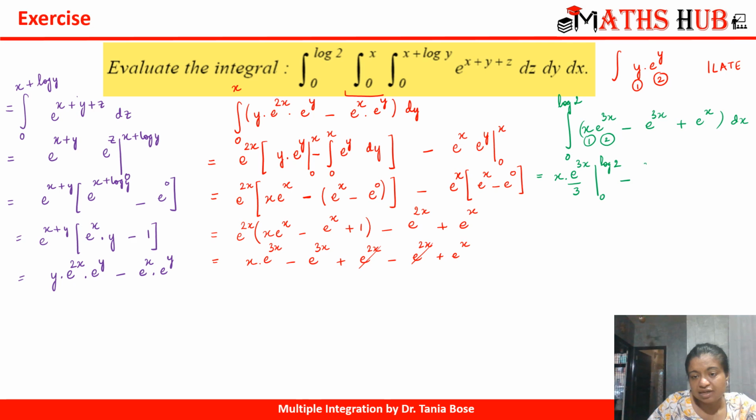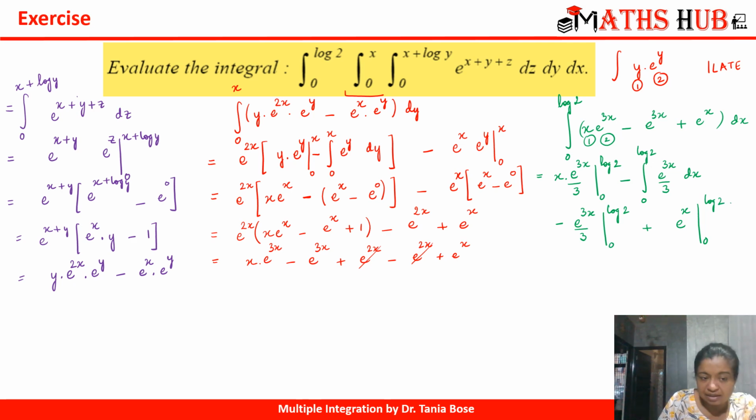Then minus integration 0 to log 2, derivative of x is 1, integration of e to the power 3x is e to the power 3x by 3 dx, minus integration of e to the power 3x will be e to the power 3x by 3, 0 to log 2. And similarly, integration of e to the power x is e to the power x, 0 to log 2, right?